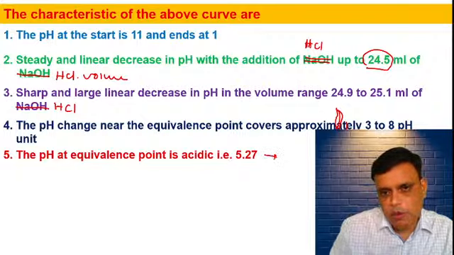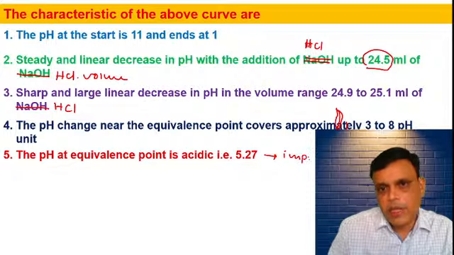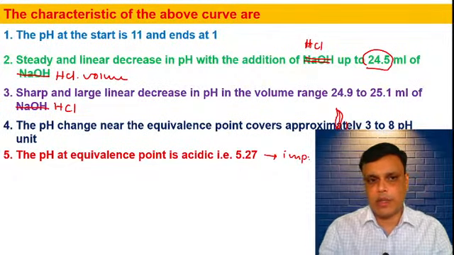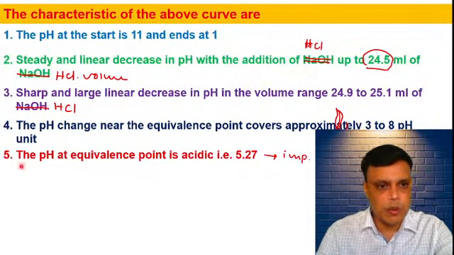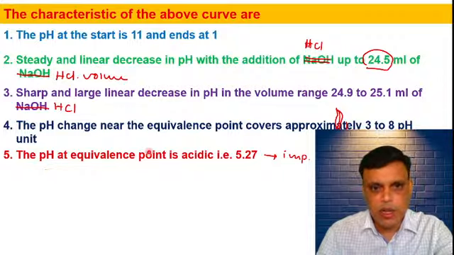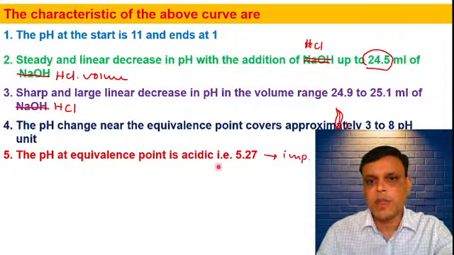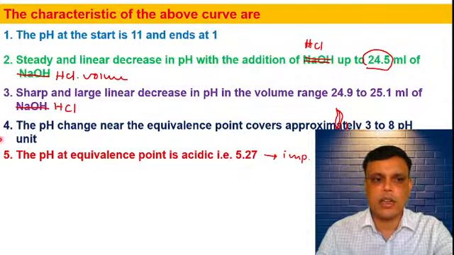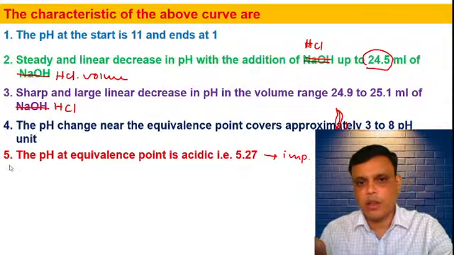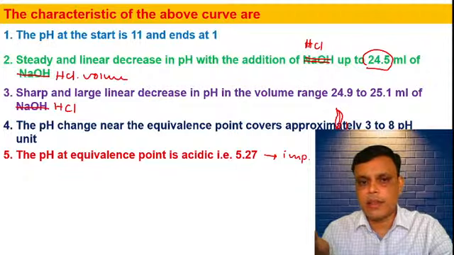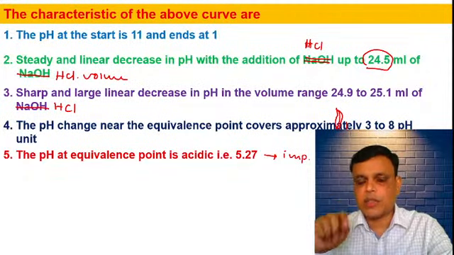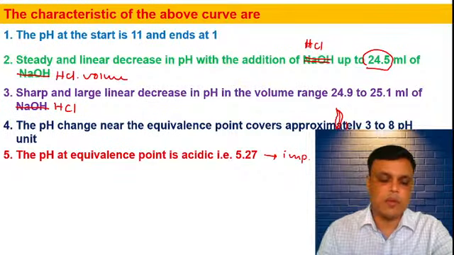This is also very important, that is 5.27. Please remember this, the pH at the equivalence point is acidic because we are adding HCl into ammonium hydroxide, and ammonium hydroxide is a weak electrolyte, a weak base, so the pH at the equivalence point will be acidic, that is 5.27.